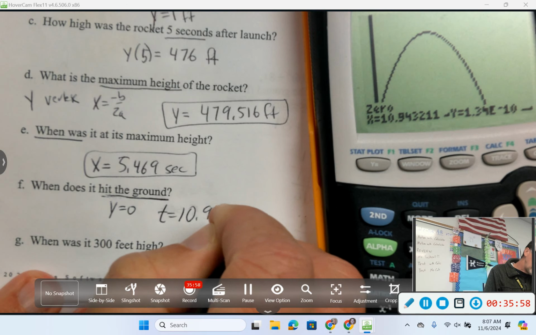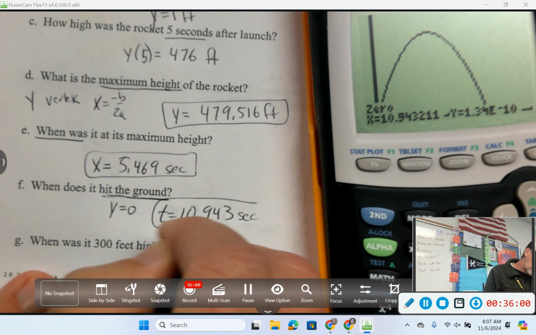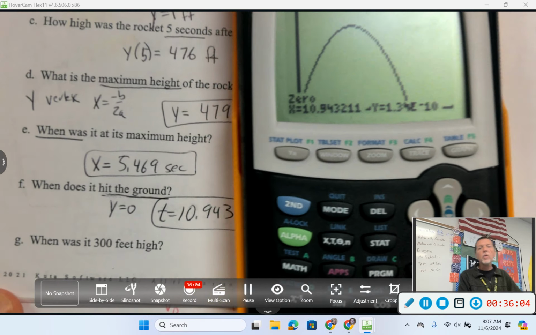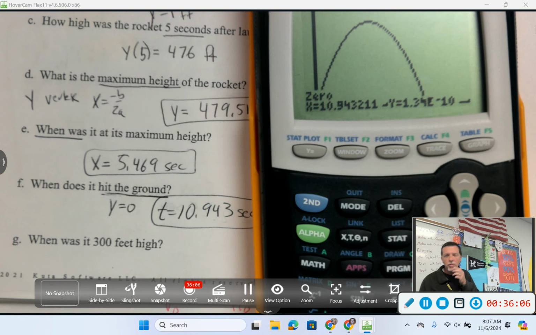Why is the y value such a weird number? Oh, your calculator is doing things with decimals. It's not doing things algebraically. It's doing things numerically. So yeah, that looks like a weird number, but it's 1.34 times 10 to the negative 10th. So if you wrote that out, that's basically 0, right? Because it'd be 0.00000000001.